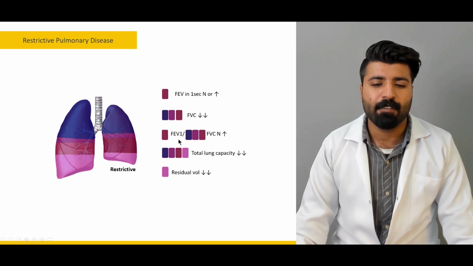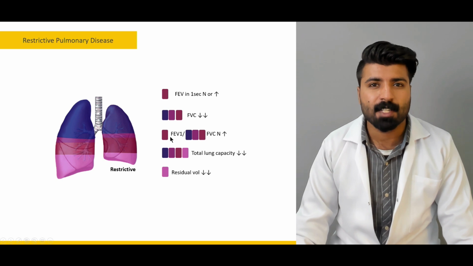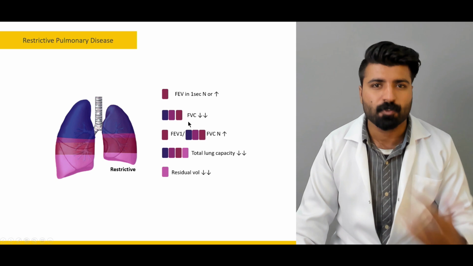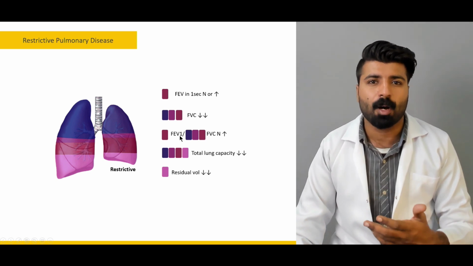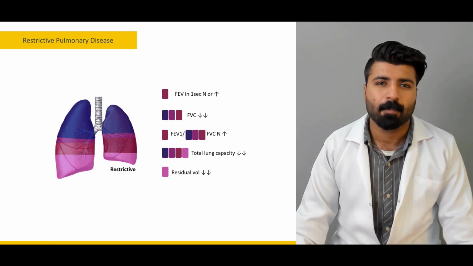What is FEV1? Forced expiratory volume 1, meaning forced expiratory volume in 1 second. FEV1 is actually a part of FVC, forced vital capacity, which we already talked about. It's the amount of air that comes out of your mouth in the first 1 second.